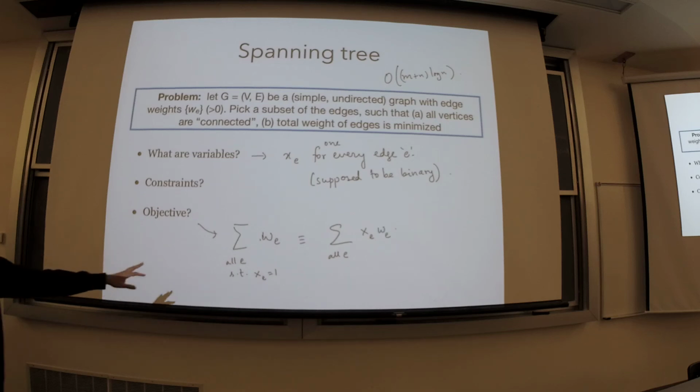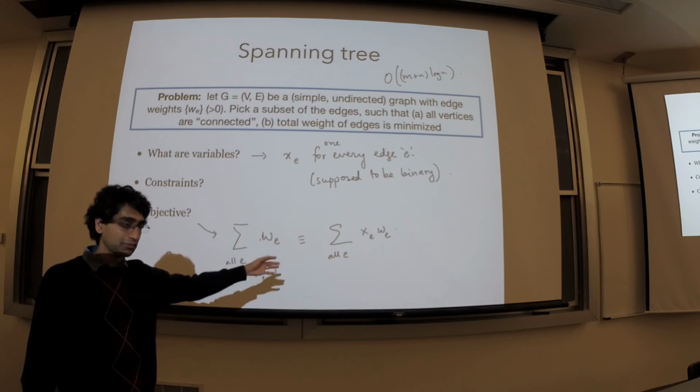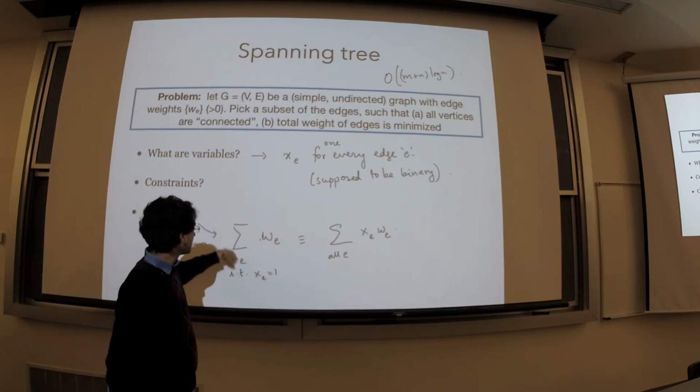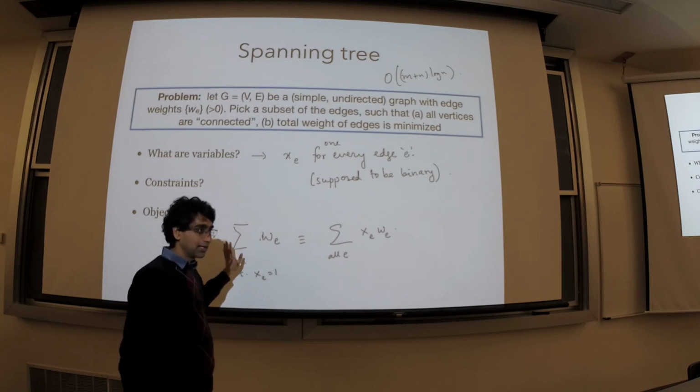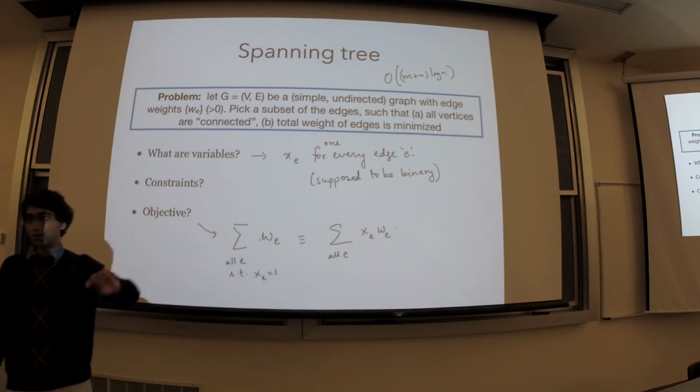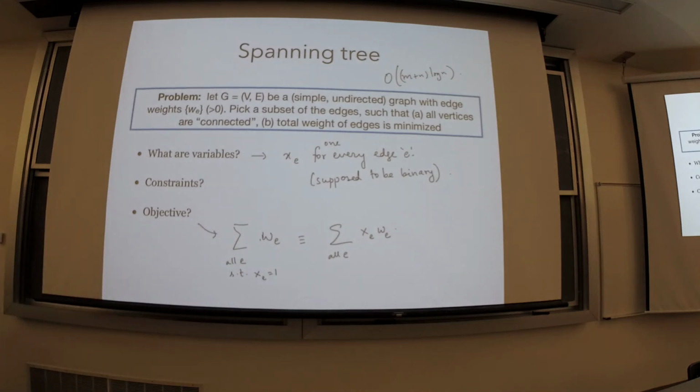This is exactly what we saw in the matching type problem, so it's the same trick. What you want is the sum of all the edges you picked, and because these are binary variables, you can write it as the sum over all edges of w_e x_e.